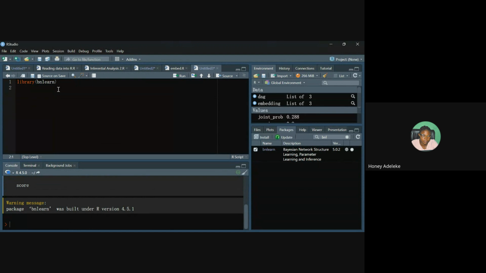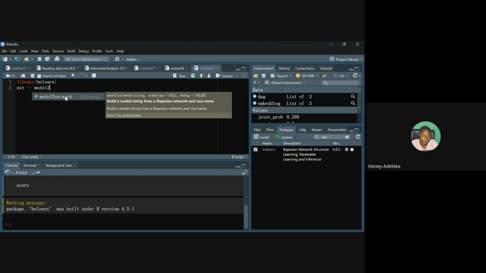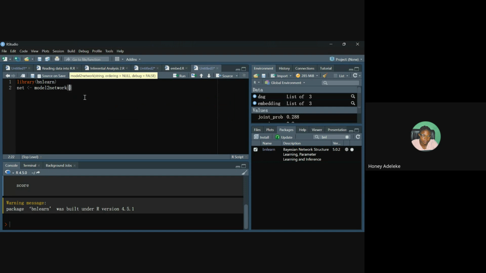Then the next thing is net, then we have model. You can see it here: model2network under the bnlearn package.